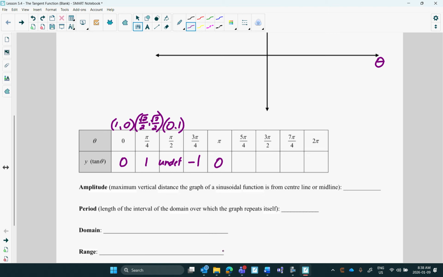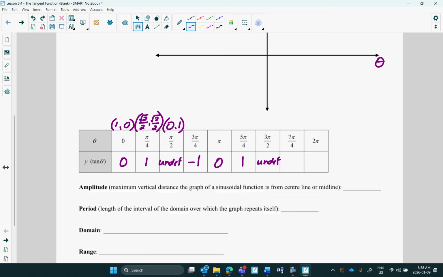Five pi over 4, the corresponding point is negative root 2 over 2, comma negative root 2 over 2. Negative 1. Or sorry, positive. Actually, 1. 3 pi over 2 is down at 0, negative 1. That gives us another undefined.